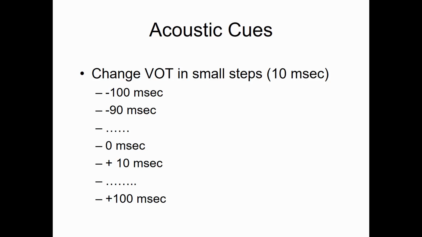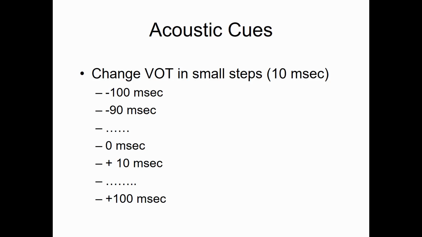We could make many stimuli, say 21 stimuli here, that varied in voice onset time in 10 millisecond steps, all the way from ba to pa, and ask people to tell us, was this pa or ba?